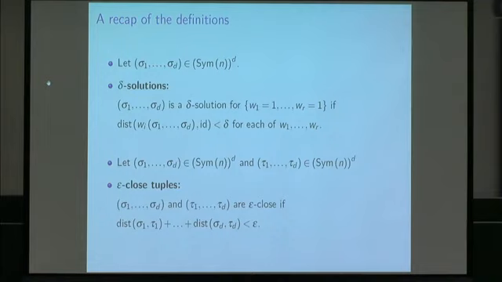Of course, it doesn't really matter if I take it together or each one of them, but this is more comfortable for proofs. So I'm counting the number of changes I need to do all together to get from sigma 1 up to sigma d to tau 1 up to tau d. That's how I measure distance between tuples.